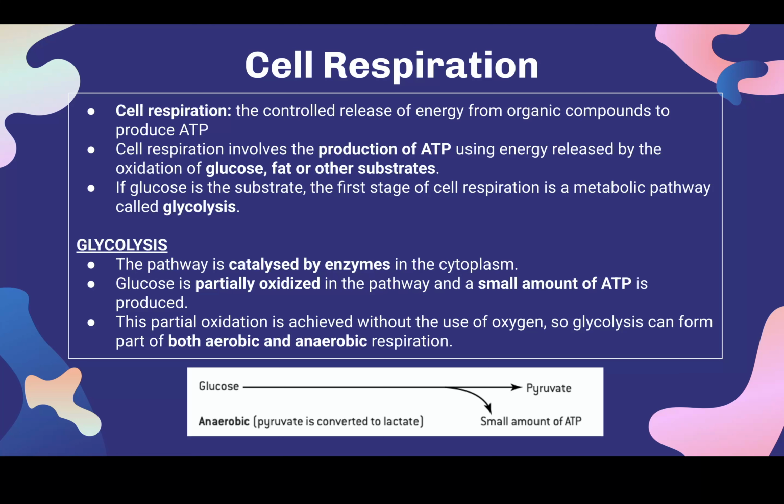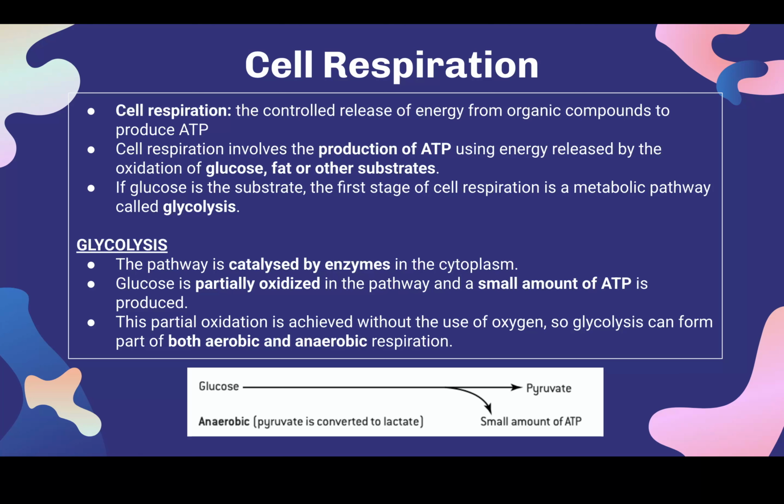The partial oxidation is achieved without the use of oxygen, though. So glycolysis is a step in both aerobic and anaerobic respiration. It's not only for aerobic respiration, is what I mean.